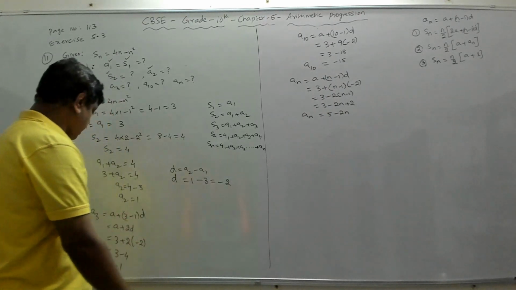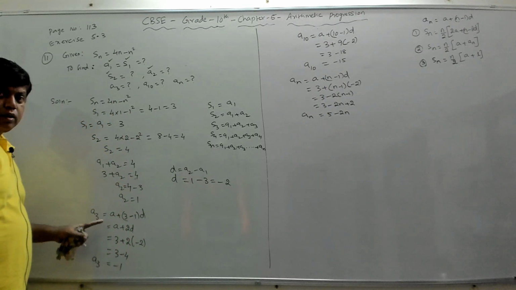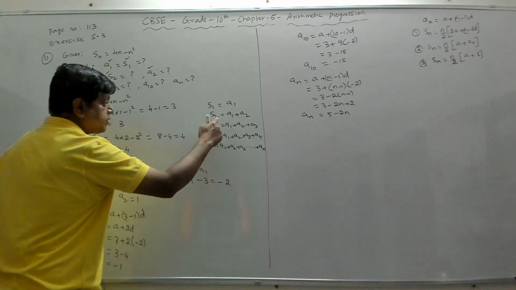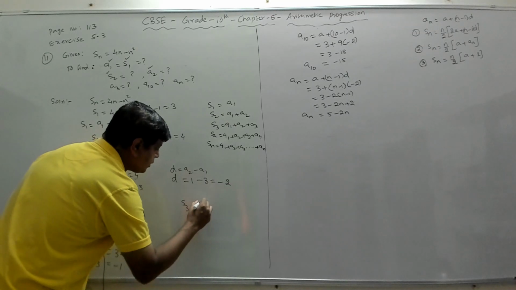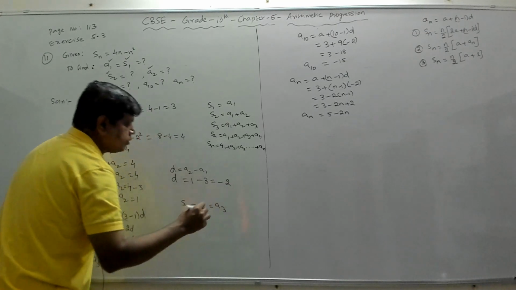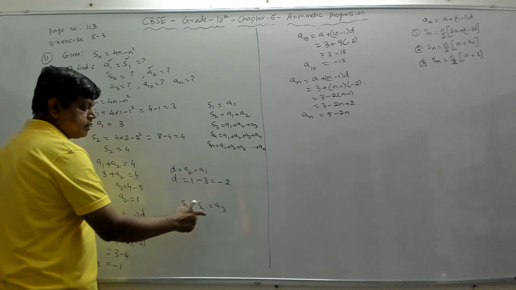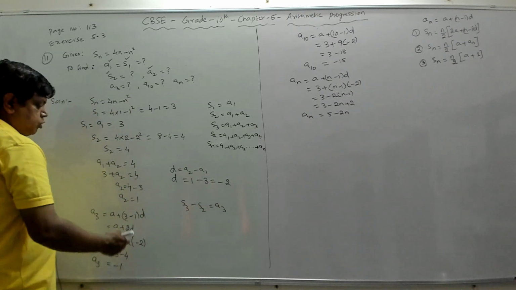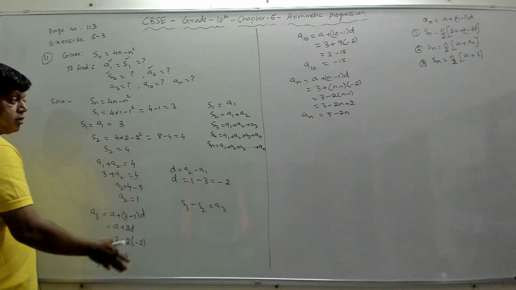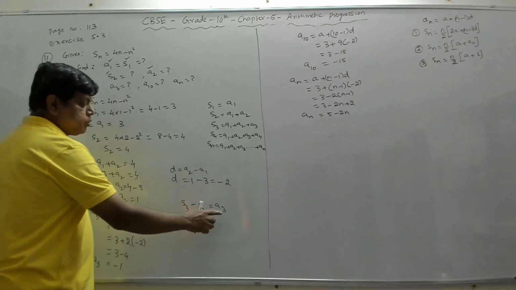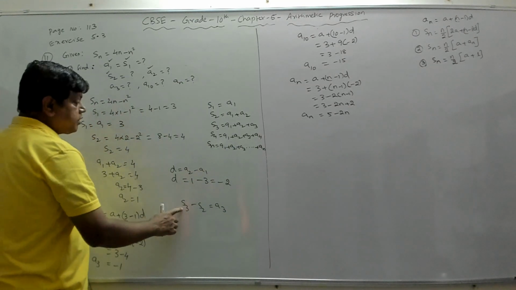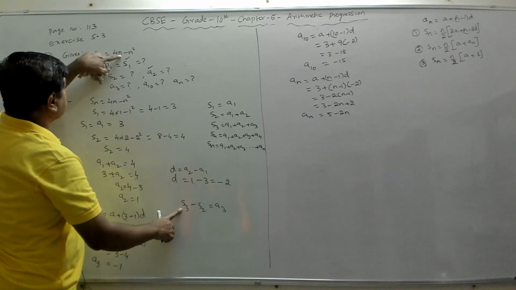See, we can also find this A3 using the other method, which is what I was telling here. We can also say S3 minus S2 is actually your A3. We can even use it like this and then find A3. But it's okay. Once you know two terms, we can use our normal way to find it also. Your S3 you can find using this formula, 4n minus n square.